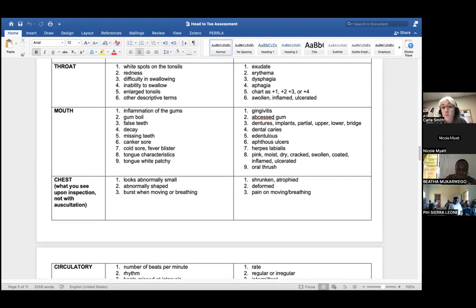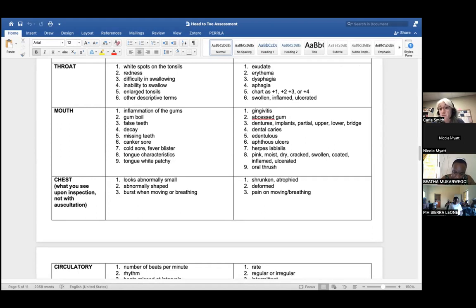In the mouth, we want to look at the gums. Are the gums healthy, or is gingivitis present? Are there any abscesses? Does your patient have all of their teeth, or are they edentulous? Are there dental caries that are present? Do they have dentures or implants?